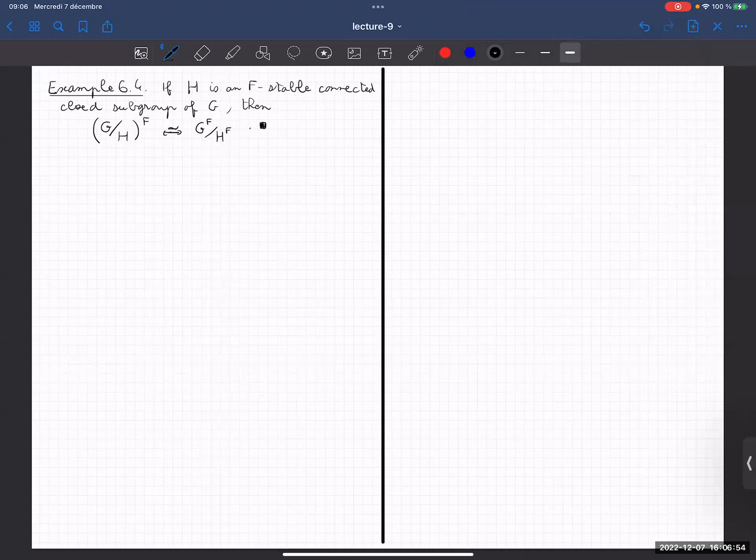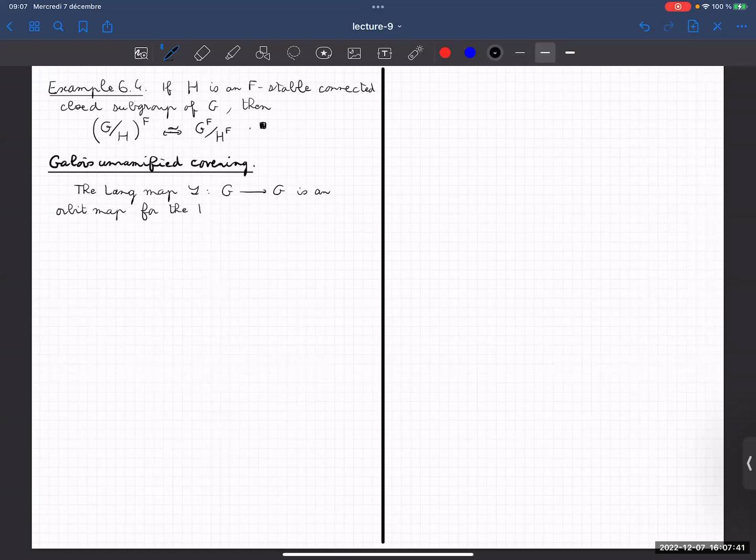And I conclude this application, but there will be some others, by talking about Galois ramified covering. Because in fact, my Lang map is a non-ramified covering. In fact, the Lang map L from G to G is an orbit map for the action of G^F on G by left translation.